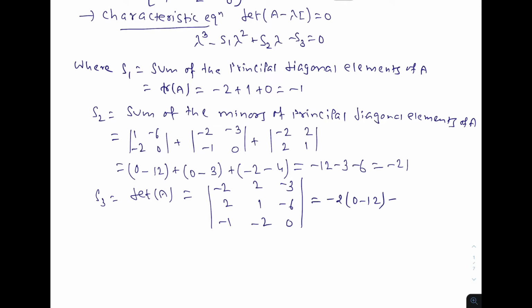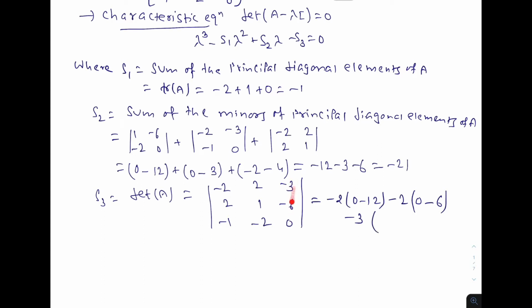Then minus 2, we take the minus sign, and the second column and first row are not there, so 2 into 0 is 0, then minus 1 into minus 6, that is minus 6, then minus 3.